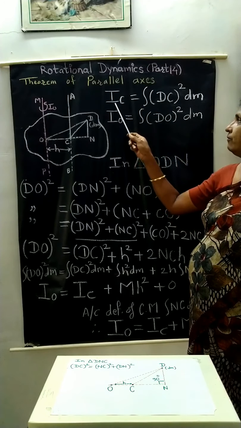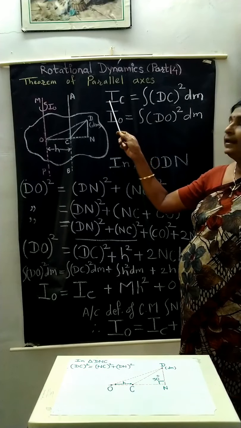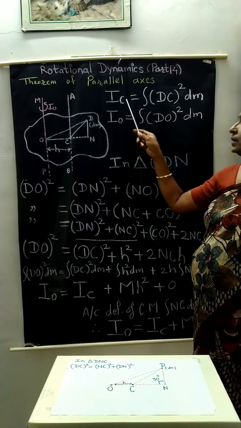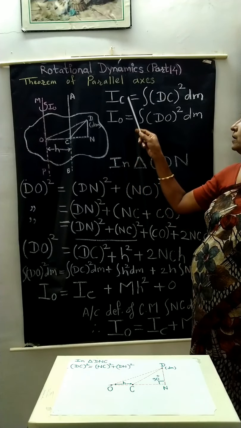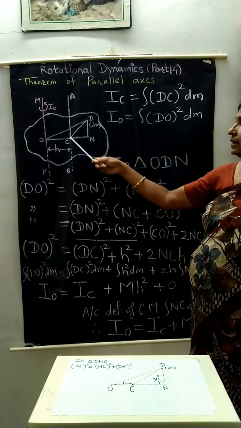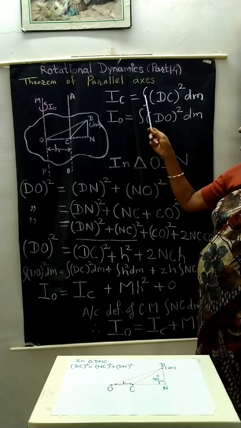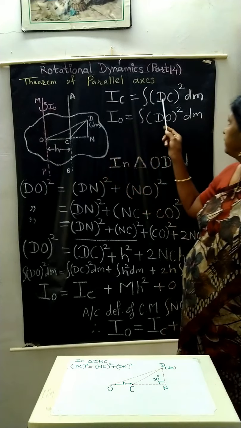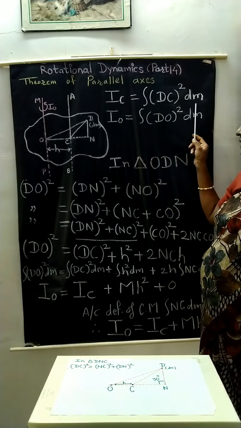And if we have to find out IC, that is the moment of inertia of the body about a parallel axis passing through the center of mass, then it is dC square into dm, where dm is the mass of this element.